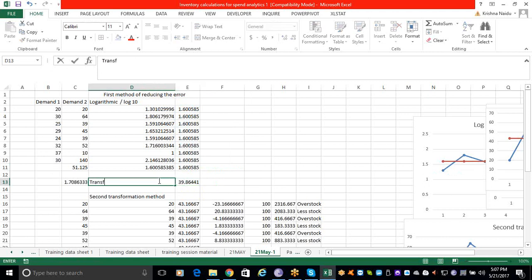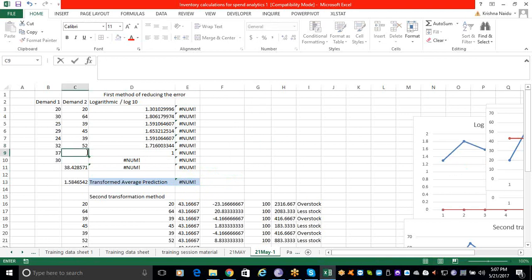So this is the transformed average prediction. The transformed average prediction is 39.864. If I remove 140 and 10, I'm applying the second transformation method in the first. I'm mixing 2 and 1 both now. Let me do it separately instead.